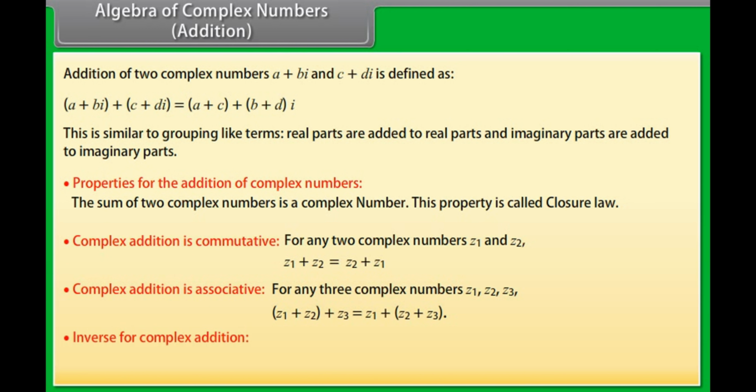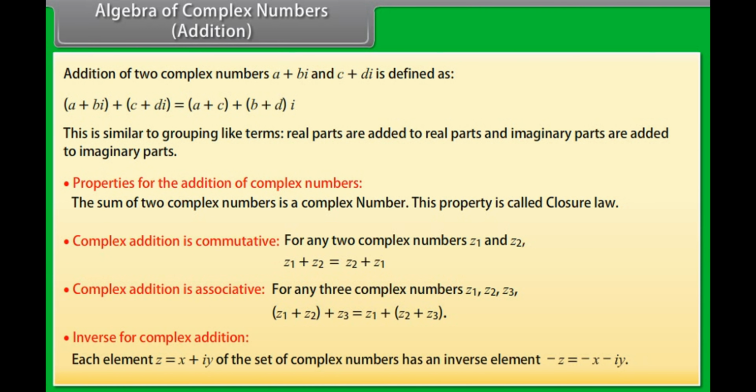Inverse for complex addition. Each element Z is equal to x plus iota y of the set of complex numbers has an inverse element, minus z is equal to minus x minus iota y.